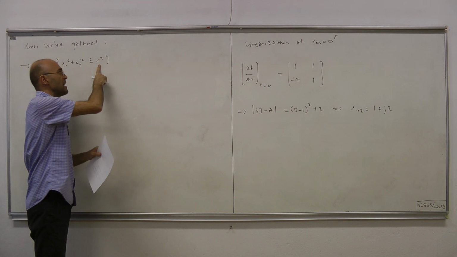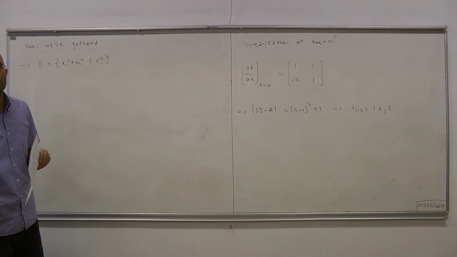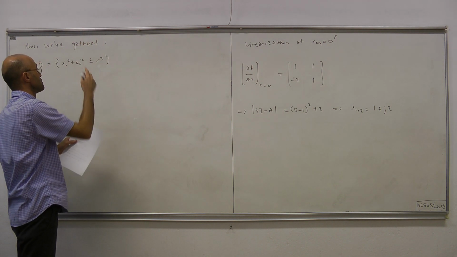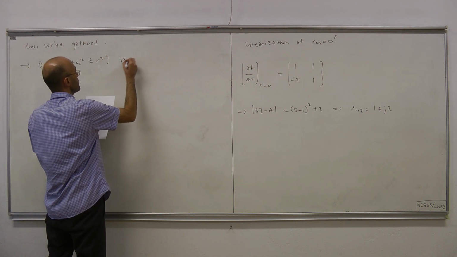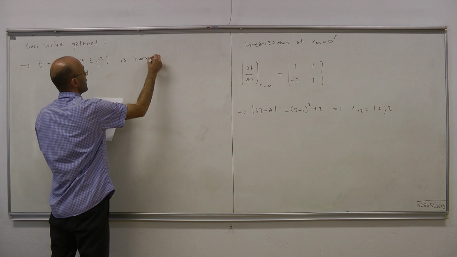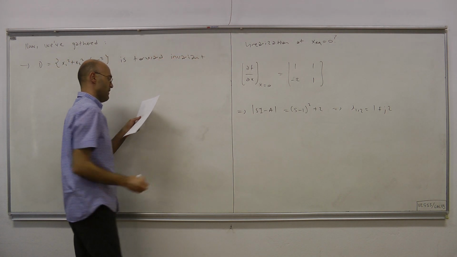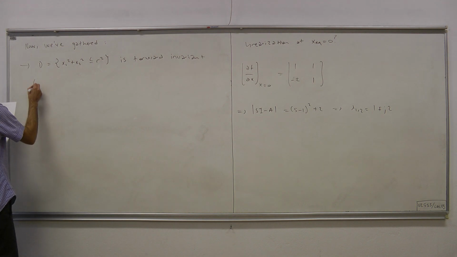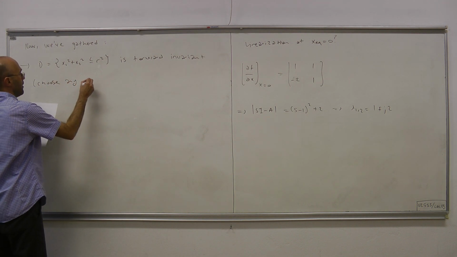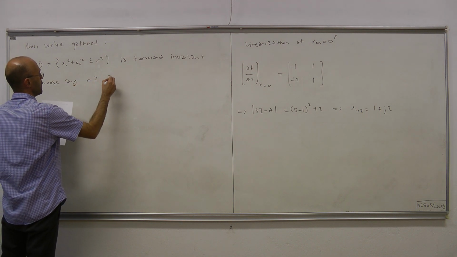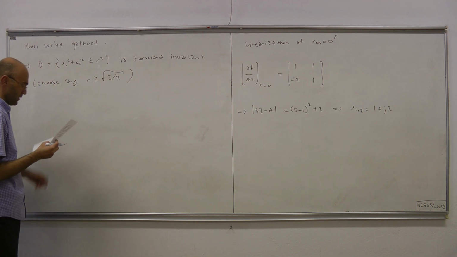If you're unhappy with this r, just choose something that's larger than the square root of 3 over 2, for instance 2, then that's perfectly fine. D is forward invariant, provided that r is larger than this.